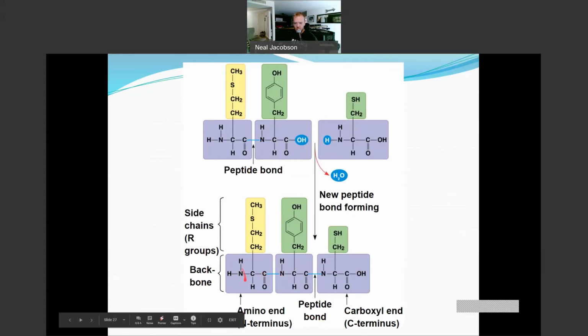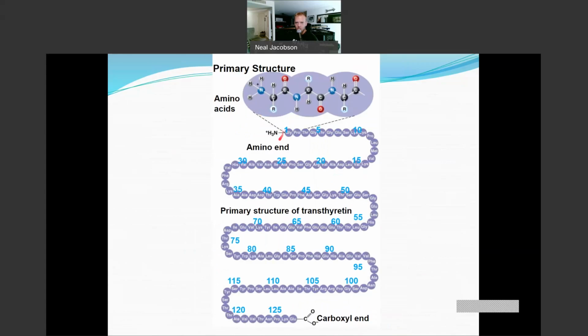One side of it, one head of it, if you will, will be an amino head. One side of it will be a carboxylic tail. And that's what we see here. We have the amino head of the growing polypeptide here, and we're just tacking on, making peptide bonds, making this huge beaded string with magnetic molecules on it. And then boom, we get to the carboxylic end.